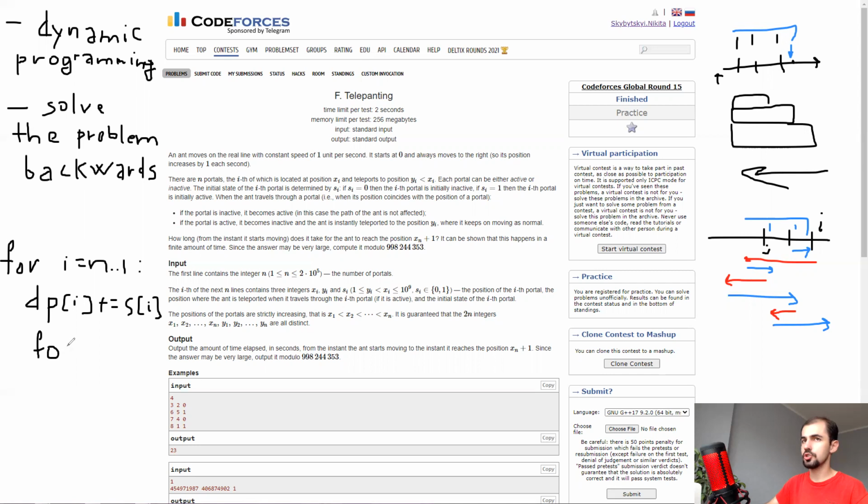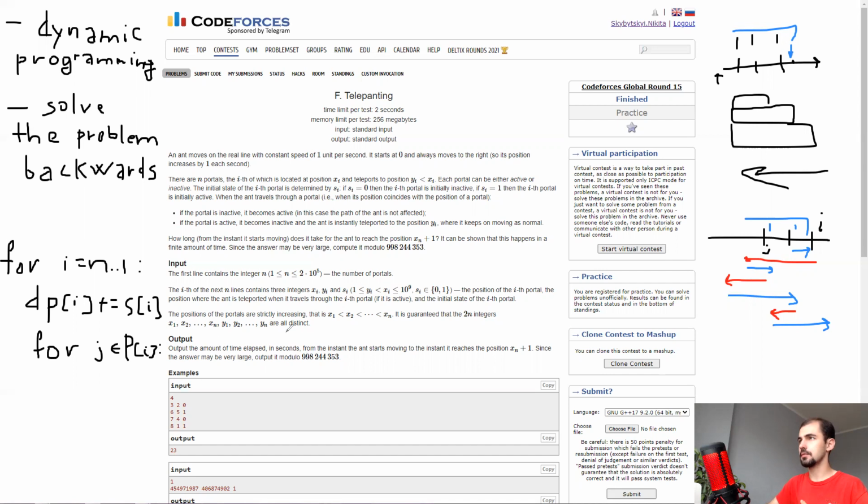So what we should do is, for j in some set that we will call S of i, or P of i, P from portal.